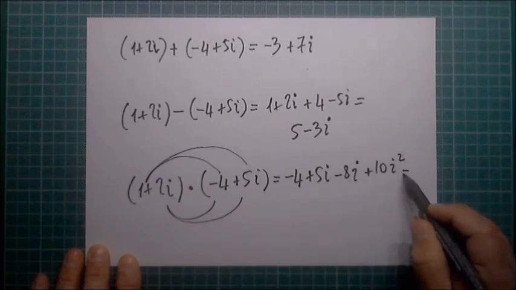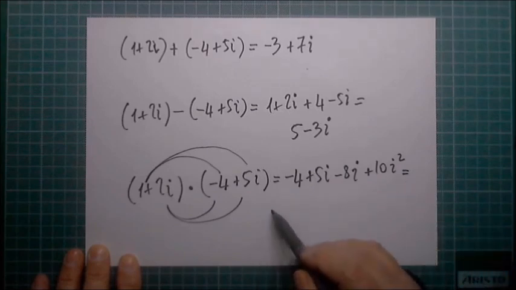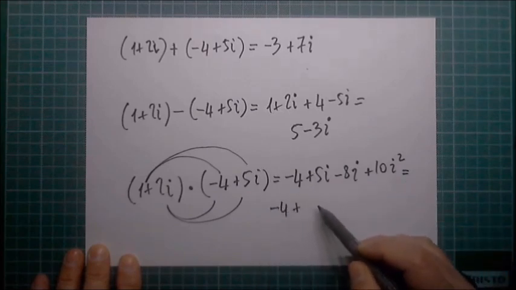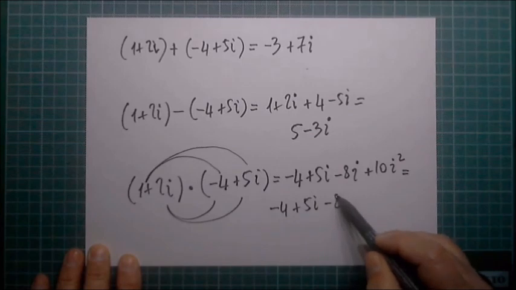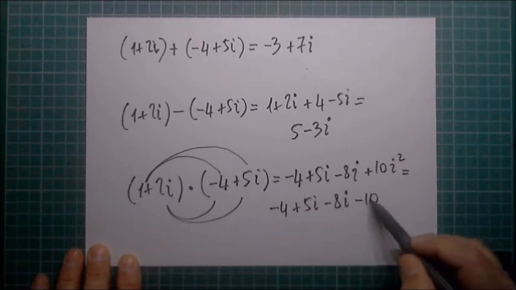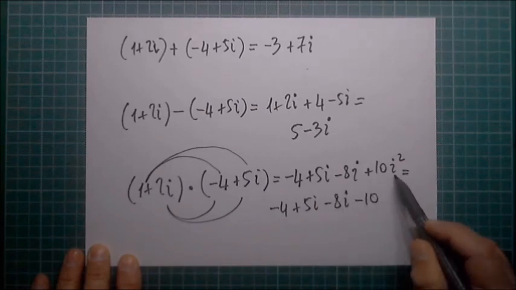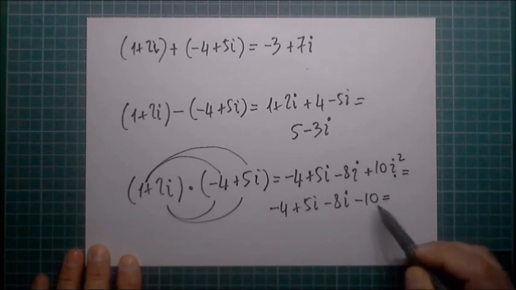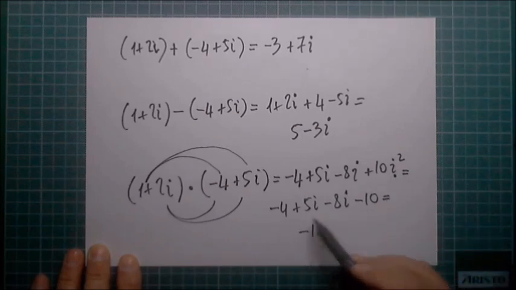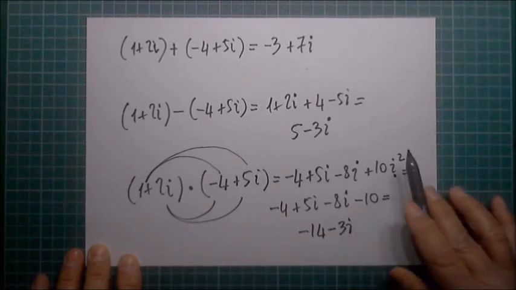So what we have here is minus 4 plus 5i minus 8i minus 10, because i squared equals minus 1. And finally, we have minus 14 minus 3i.